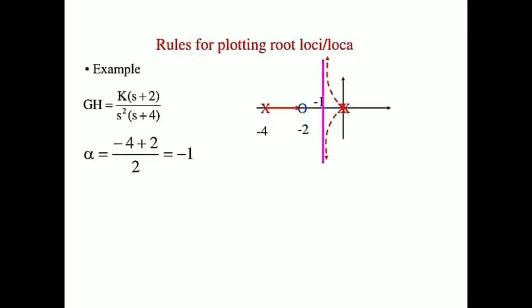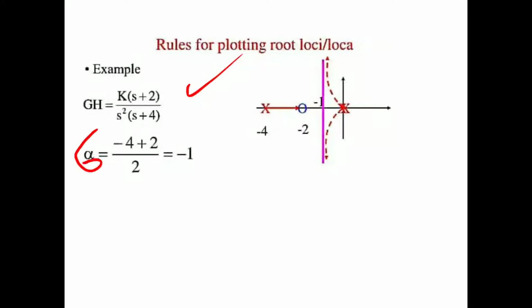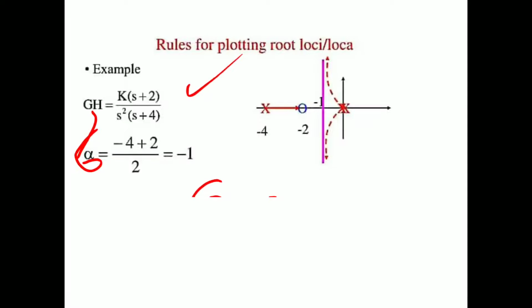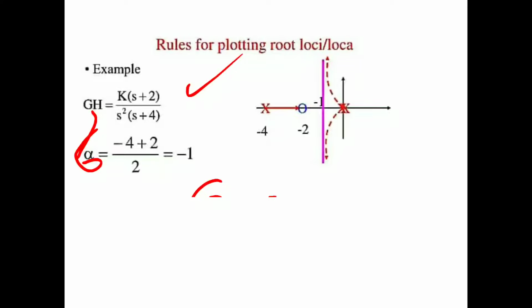See the example for the centroid. We are denoting the centroid as sigma. The example equation is the same: K into (s plus 2) divided by s square into (s plus 4). The summation of the real parts of the poles: there are two poles at 0, and then minus 4, so that is the summation of the poles.